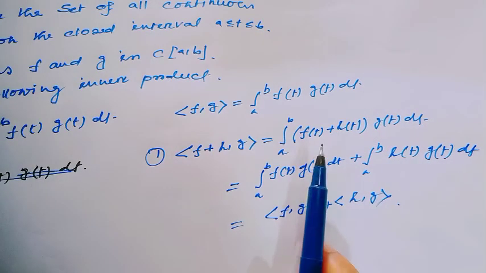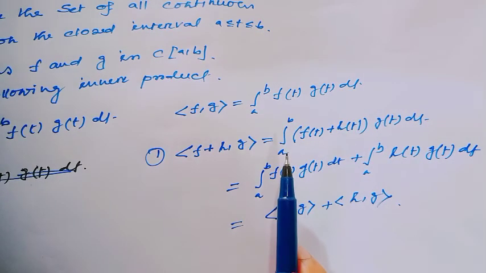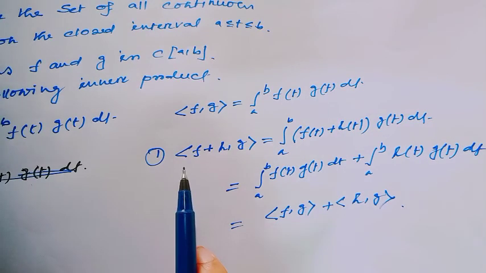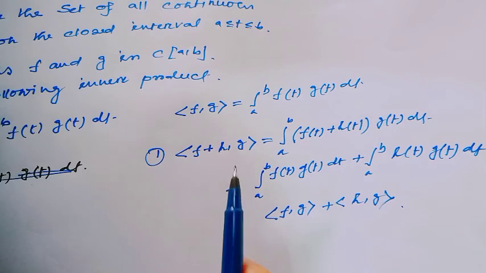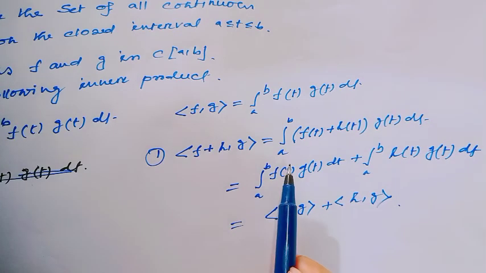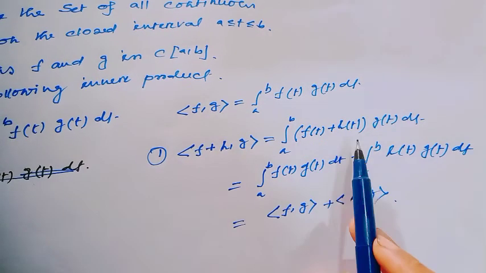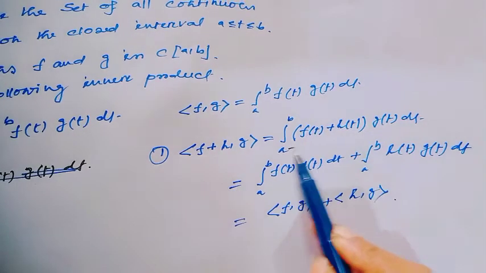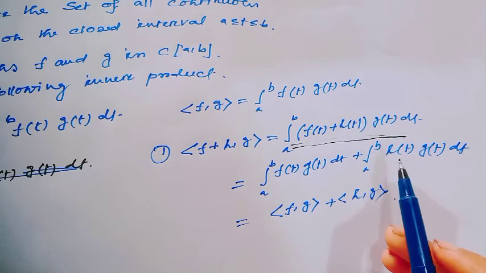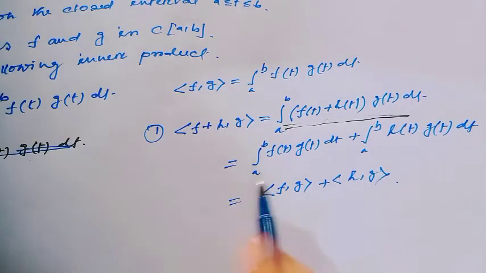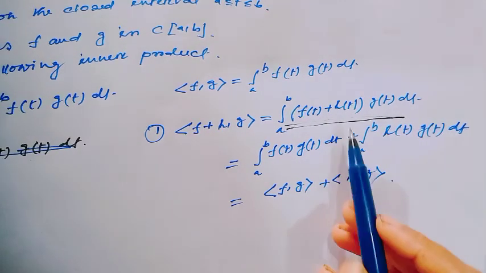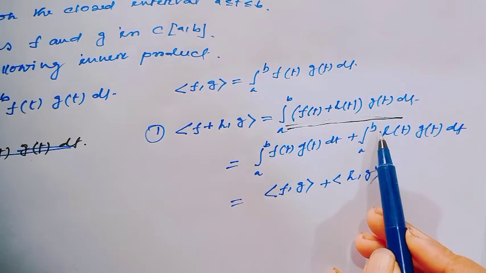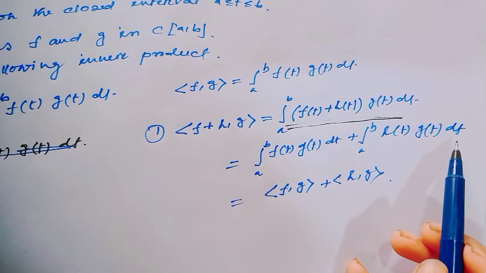To prove linearity, consider three functions f, g and h. Then inner product f plus h comma g equals integration a to b of (f(t) plus h(t)) times g(t) dt. From this expression we can easily write integration a to b of f(t) g(t) dt plus integration a to b of h(t) g(t) dt.